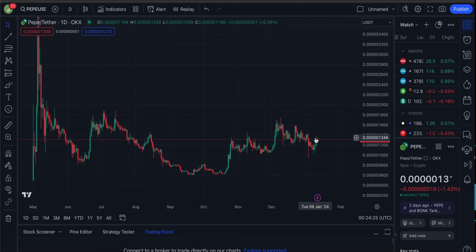Now where it goes from here we don't know, but this is one of the reasons why it's helpful to use these candlestick charts, because you start seeing these areas of support and resistance. These being areas of resistance, and then once you have enough people purchasing here, they hold on to it.